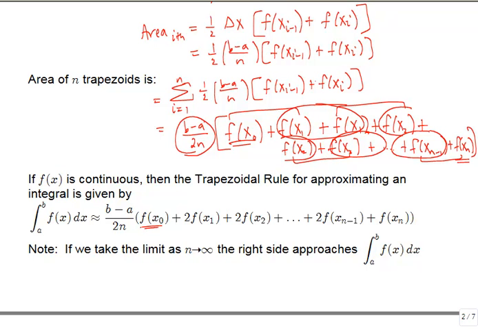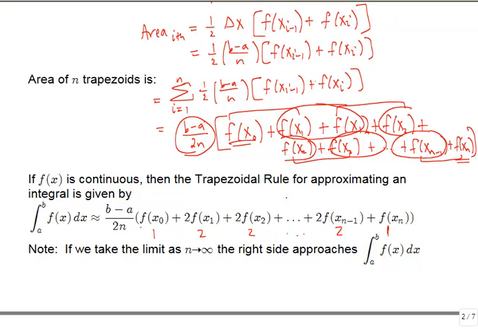You get a single f of x sub 0 and a single f of x sub n, and then you get a 2f of x sub 1, 2f of x sub 2, and so on up to 2f of x sub n minus 1. So the coefficients across the bottom become 1, 2, 2, dot, dot, dot, 2, and then back to 1 again. So those are going to be your coefficients for this trapezoidal rule.